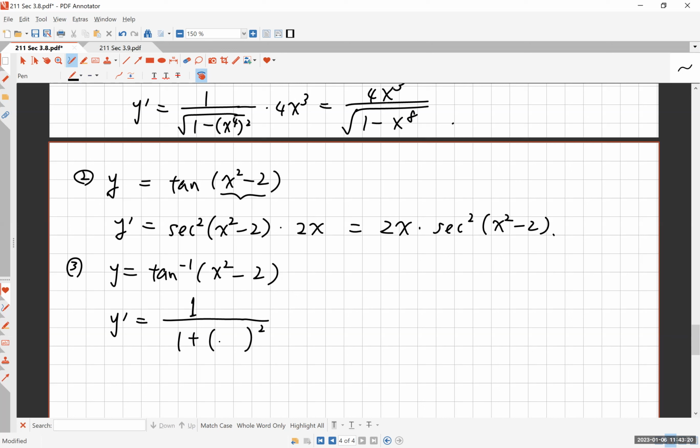Okay, and that blob is x squared minus 2. Again, this is according to the chain rule, times the derivative of the inside function. So the entire derivative is going to be 2x over 1 plus the quantity x squared minus 2, squared. And that is the answer to that question.